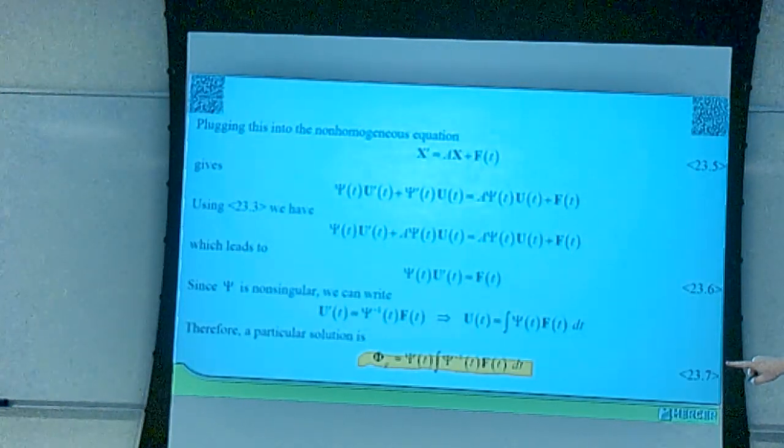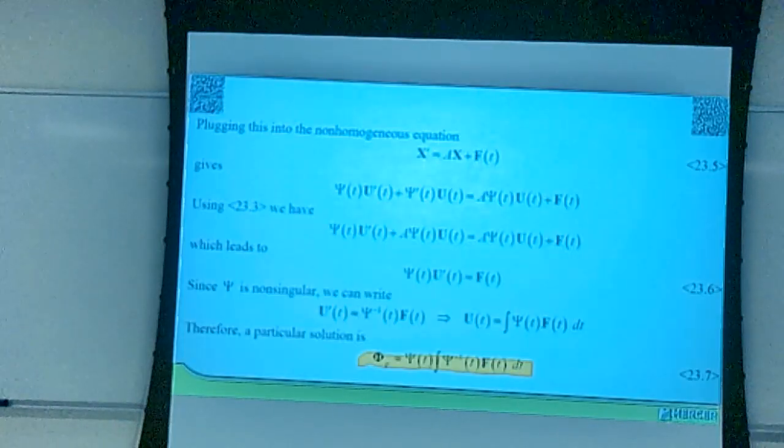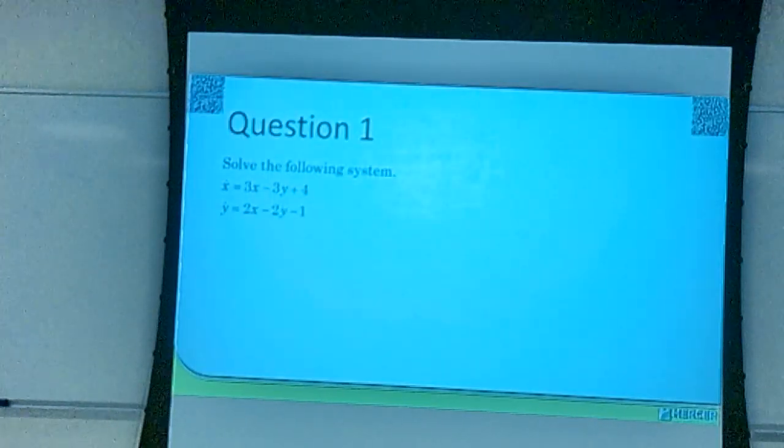That sucks. Then you have to do the matrix product of the inverse with f. Then you have to take that antiderivative. Then you get to do that matrix product with the original psi. Yeah, doing it by hand, that's not fun. But we have calculators. So don't try and do it by hand.